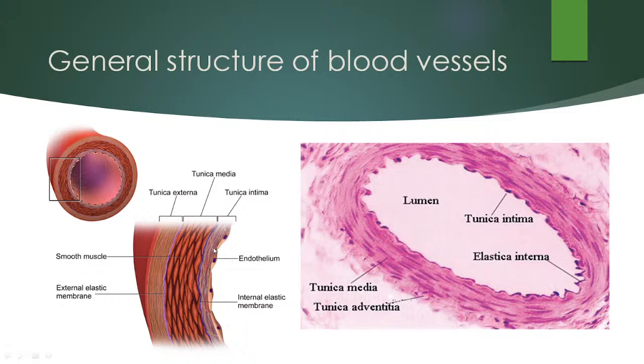The subendothelial layer is loose connective tissue with longitudinally oriented elastic and collagen fibers, and the internal elastic lamina in large arteries.